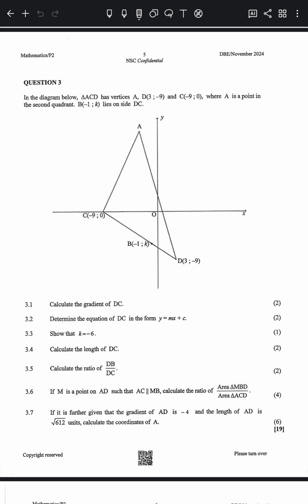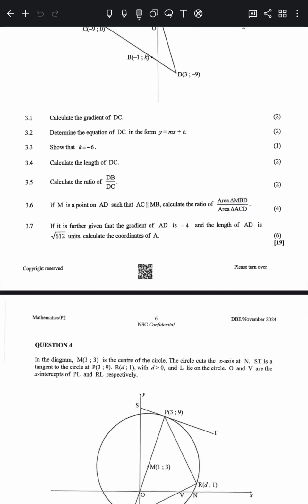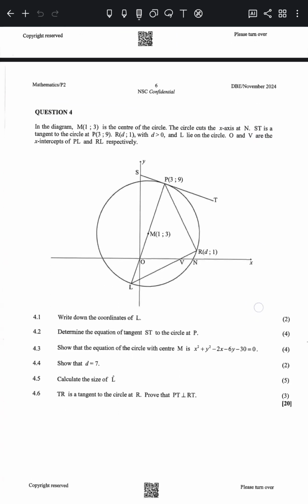And then they say that the length is root 612. Therefore, even that one, you are still going to do the same thing using the length, and then you're going to have equation 1 and equation 2. Therefore, the most important thing is that the value of A has to be negative x and positive y. Then that was pretty fair.